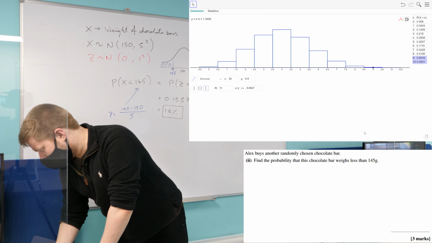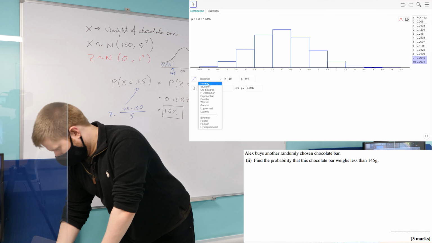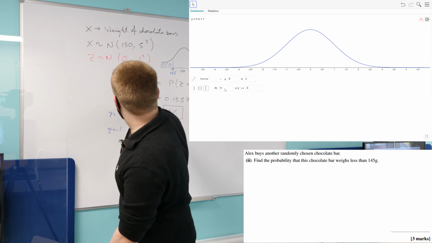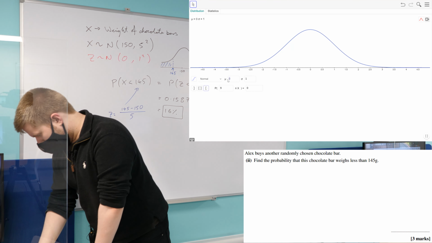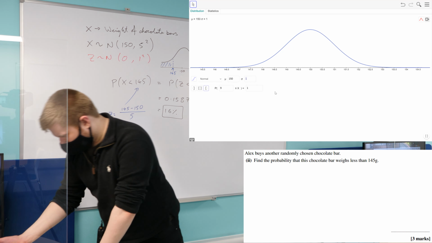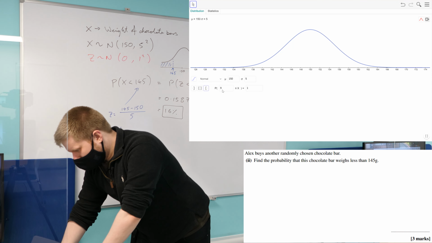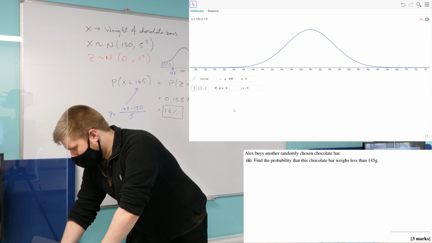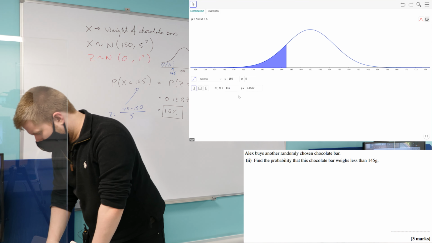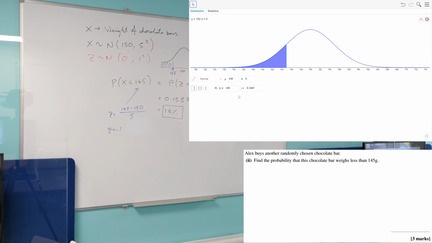So if you come into your probability calculator on GeoGebra and come up to normal, which is the top one, and I simply just pop in the mean, which in this case is 150, and the variance, well, okay, it's asking for the standard deviation, so I'm just going to put 5. And I want less than, so I'm going to use the left-hand interval. So I want x is less than or equal to, in this case, 145. That still comes out as 0.1587.